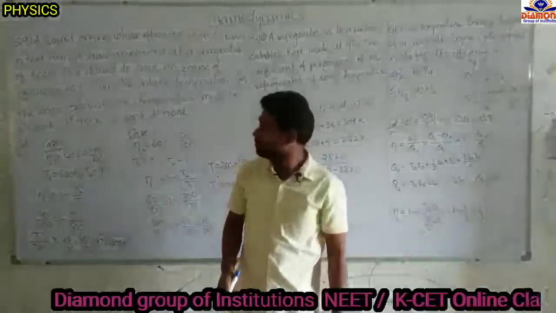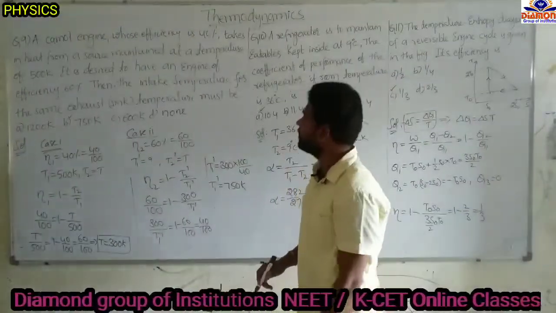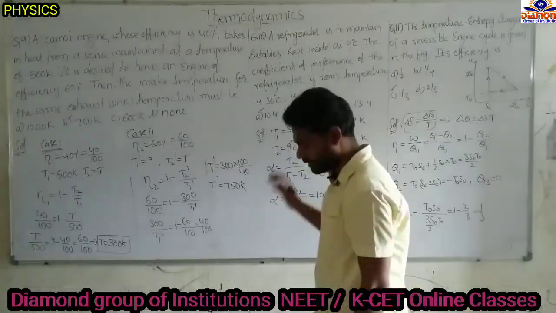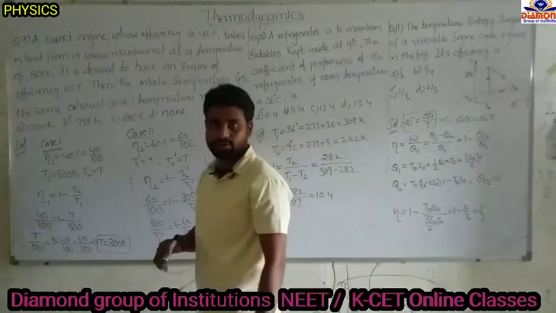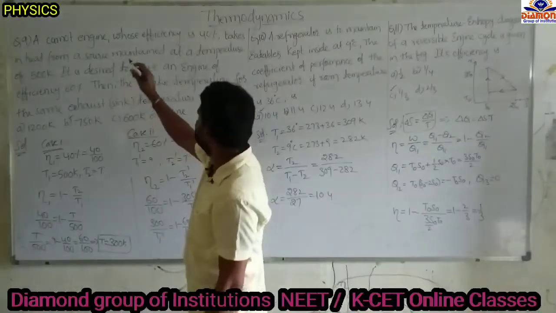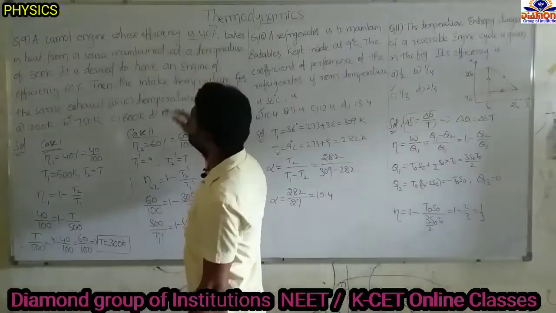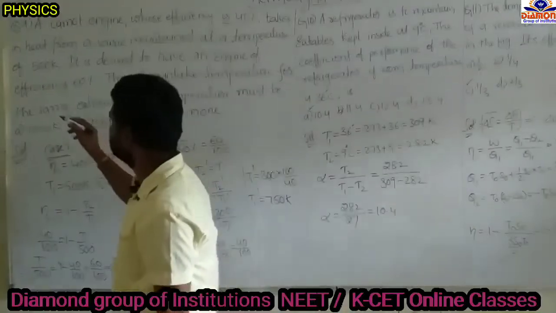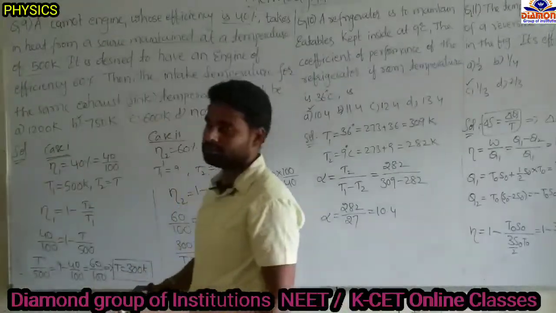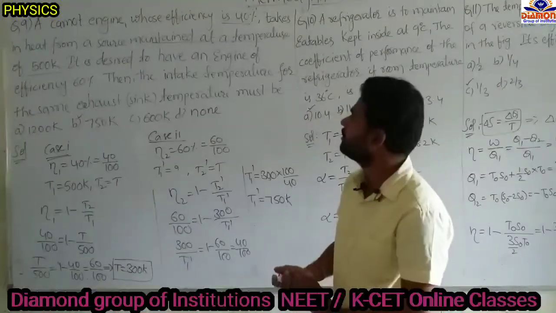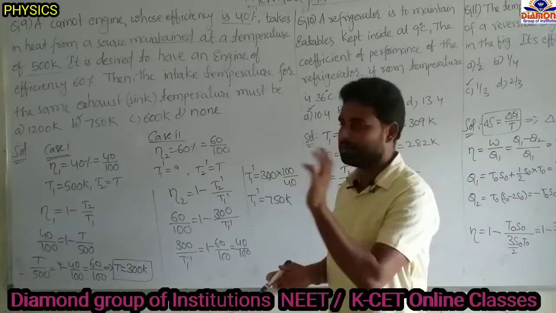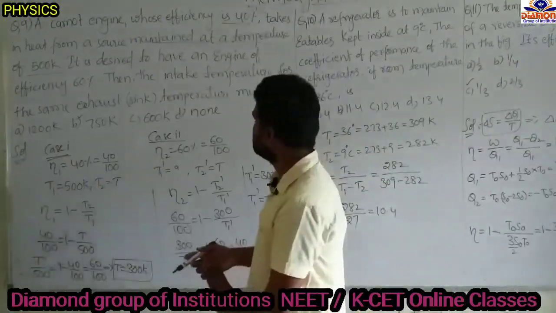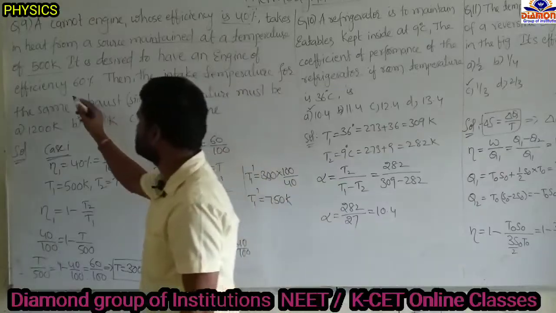Okay. Next are problems based on the Carnot engine and refrigerator, and one more on temperature entropy. These are very important problems. A Carnot engine whose efficiency is 40% takes its heat from a source maintained at a temperature of 500 Kelvin. It is desired to have an engine of efficiency 60%.